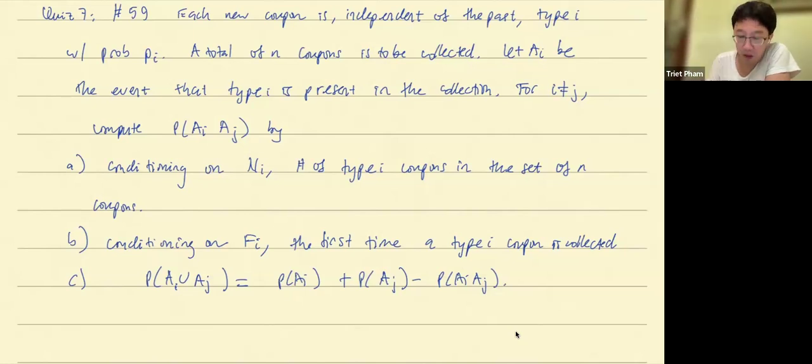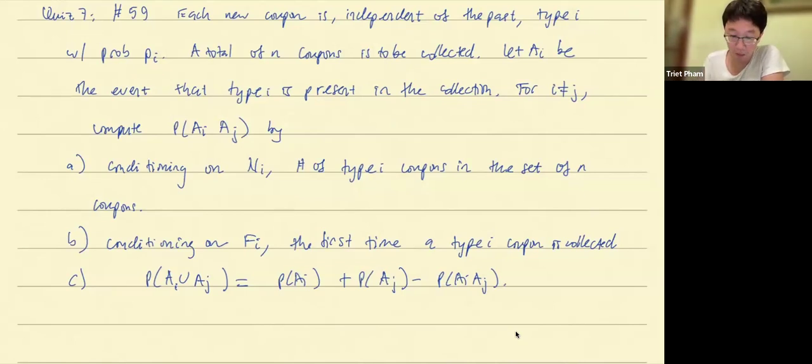But sometimes the number of coupons collected is fixed. Here, there are n coupons. That's it. So now the number of types will be random. In the first example, you collect until you have a full collection, so you have every type. Here, I guess they didn't even tell you how many types there are, say r types.